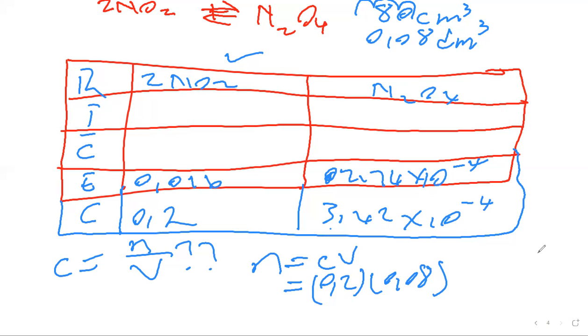So it makes sense. Why is it to the power negative 4? I'm going to get 3.42 times 10 to the power negative 4 multiplied by 0.08, which gives 2.74 times 10 to the power negative 5.